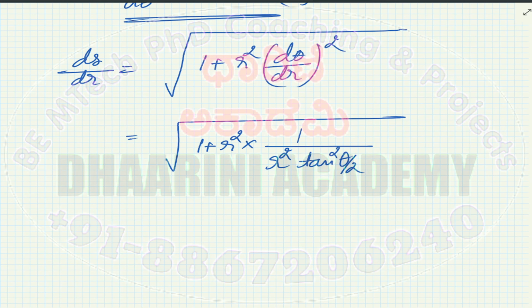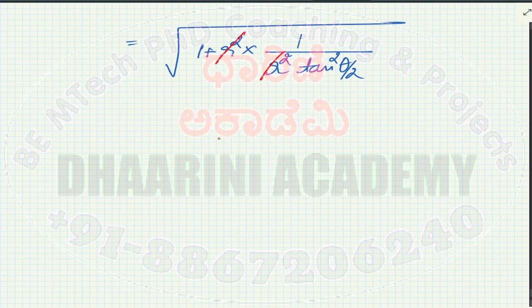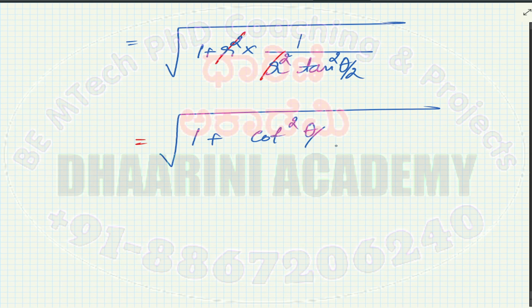So you can simply cancel them. R square cancels. Then 1 by tan square will be cot square. So under root 1 plus cot square of theta by 2.